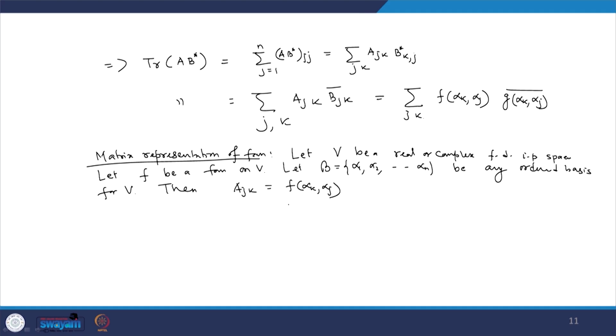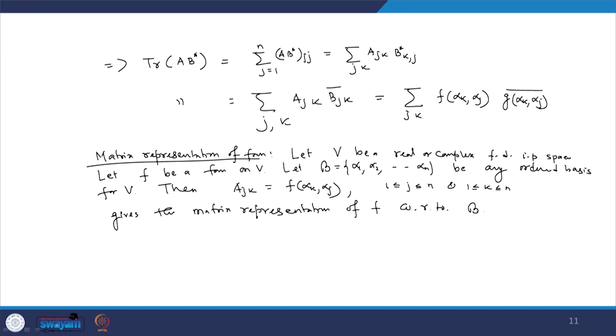So, if I define A_jk equal to this for 1 less than or equal to j less than or equal to n and 1 less than or equal to k less than or equal to n, it gives the matrix representation of f with respect to the ordered basis B. The matrix representation of a form may not be the same as the matrix representation of the corresponding linear operator.